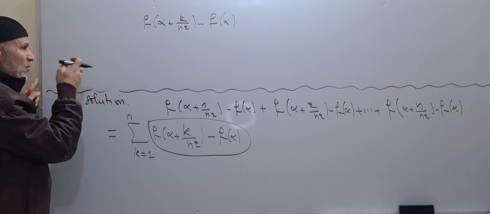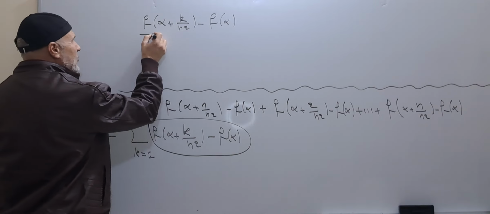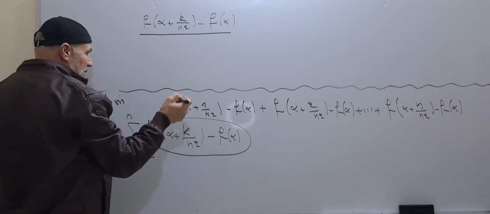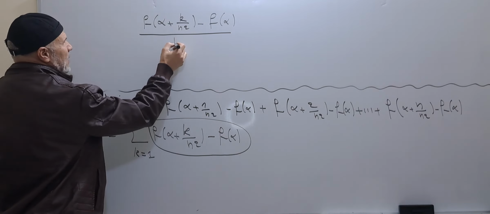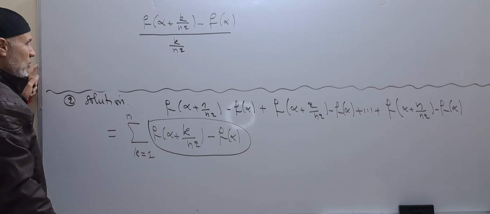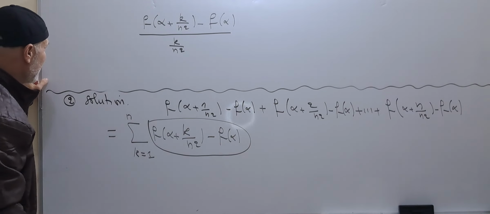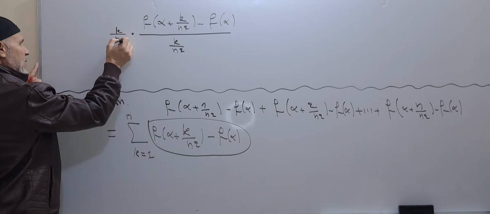Since f is differentiable at alpha, here we can write it divided by k over n squared, and multiplied by k over n squared.